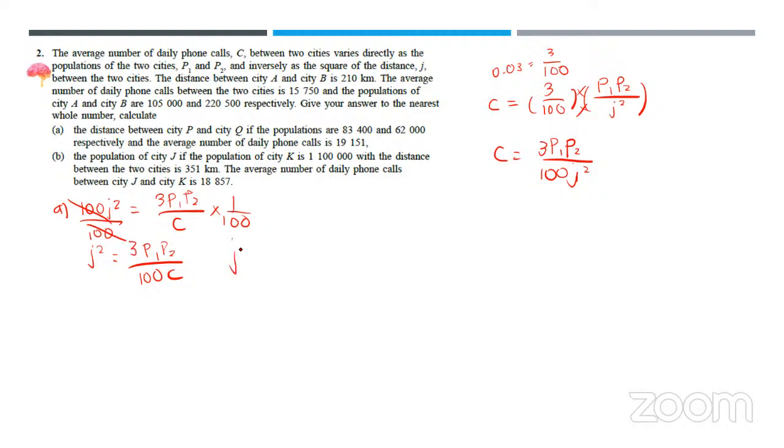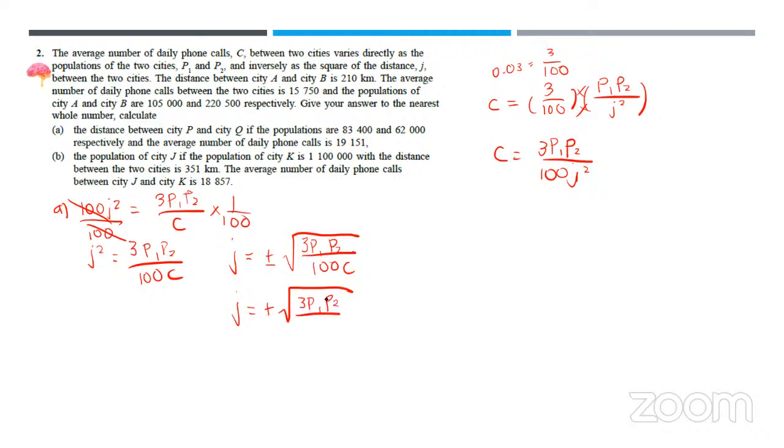Now we can put J is equal to plus or minus, because when you square root something, it has to be either plus or minus, the square root of 3P1 P2 over 100C. But let's look at the question again. They're asking you for the distance, right? And distance can only be positive. It's not displacement. So J should be equal to positive the square root of 3P1 P2 over 100C.